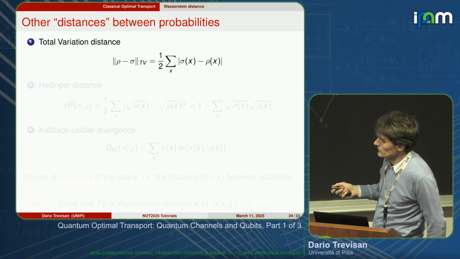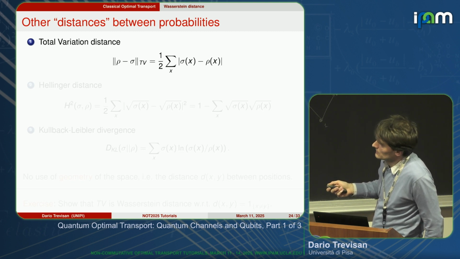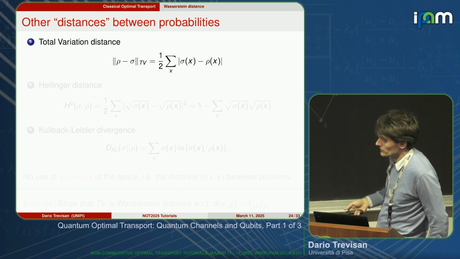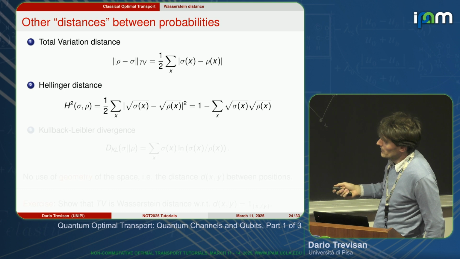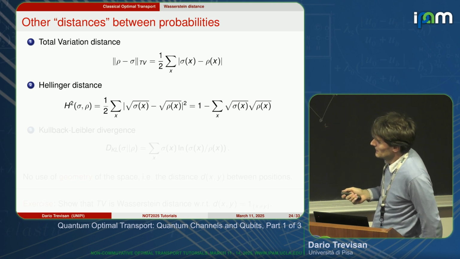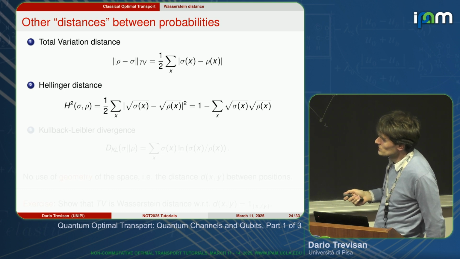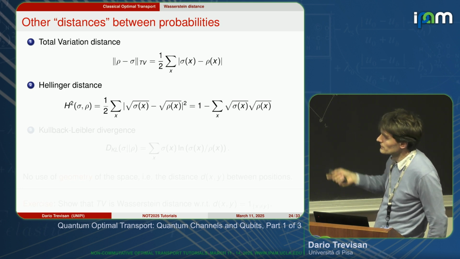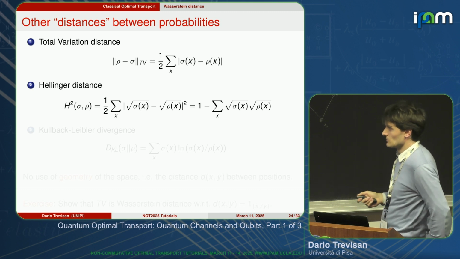Just to give you some definitions, in the classical case, if you have two probability distributions over a set X, say discrete ones, the total variation is given by this: 1/2 the L1 norm of the difference. 1/2 because then it's a quantity between 0 and 1, nothing special. Another distance also used in statistics is the so-called Hellinger distance, which is 1/2 the L2 norm squared of the difference of the square roots of the probability distributions.